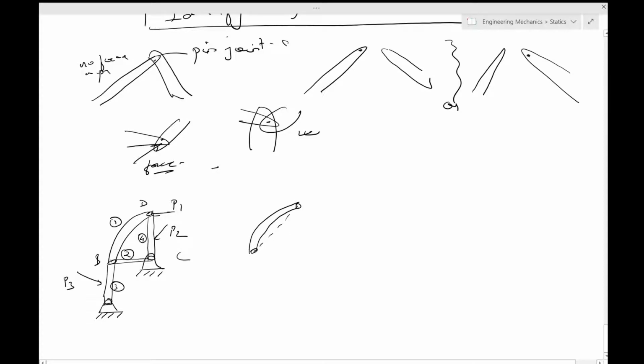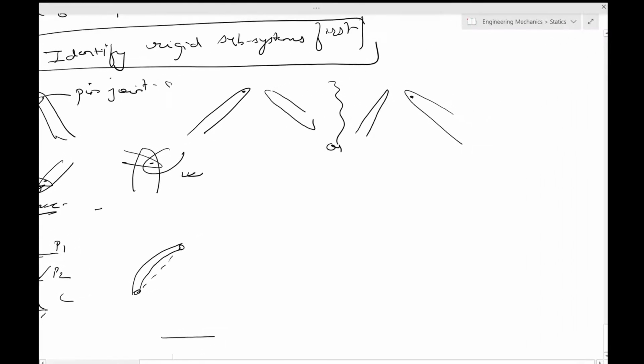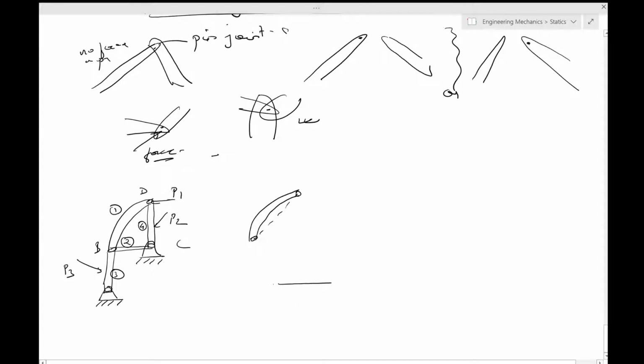Okay, sorry, then, two, this is F2. Now let me draw this 3.